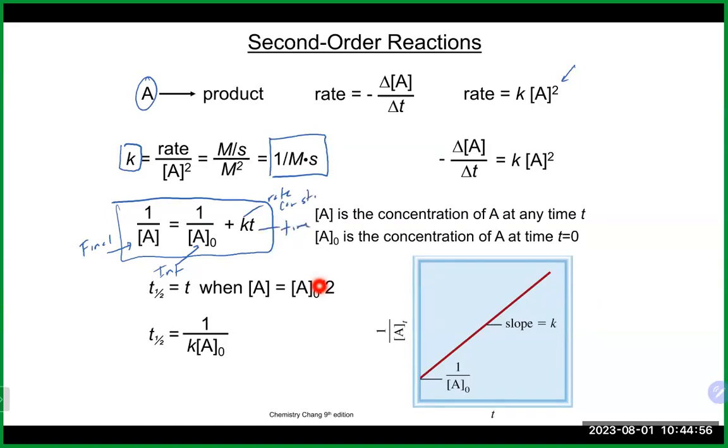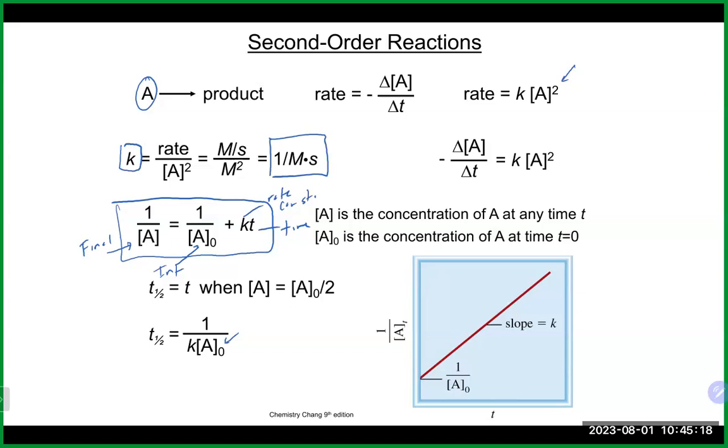It has a half-life equation where the half-life is equal to 1 over k times the initial concentration. Unlike first order, for a second order reaction the half-life is dependent on how much you start with. It's dependent on the initial concentration, which for a first order reaction is independent.